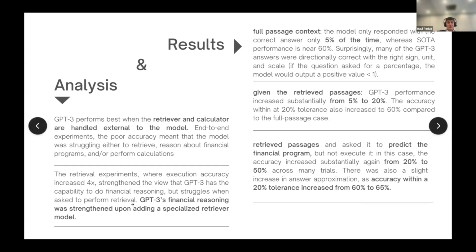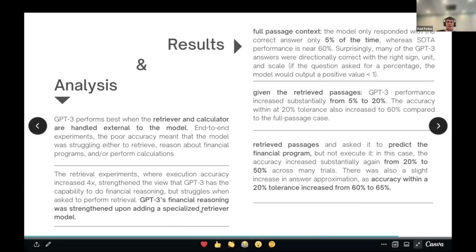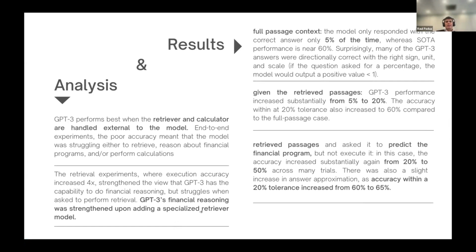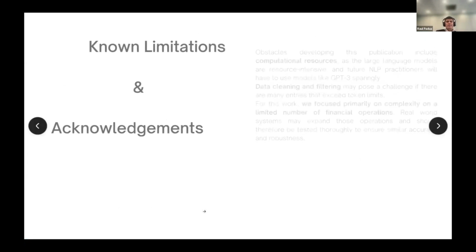It strengthened the view that GPT-3 has the capability to do financial reasoning, but it struggles a little to perform the retrieval part. So GPT-3's financial reasoning was strengthened when adding a specialized retriever model, such as BERT.